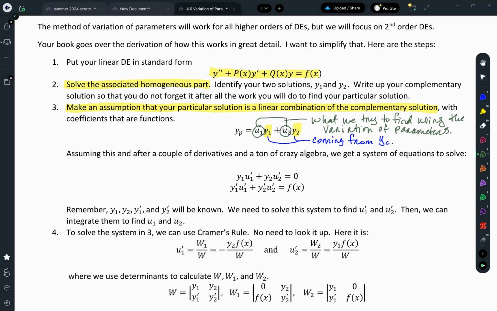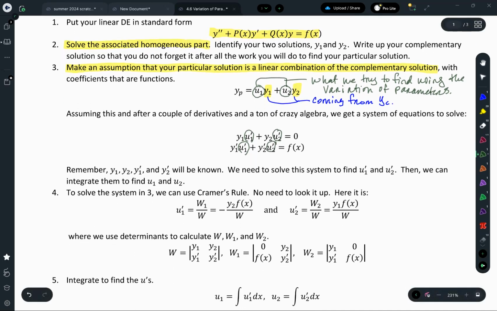What we're trying to find when we solve this system is u1 prime and u2 prime, which we do not know. Now there are some rules, some things that we learned way back when, and maybe we didn't learn them in college algebra, about how to solve systems of equations, okay?